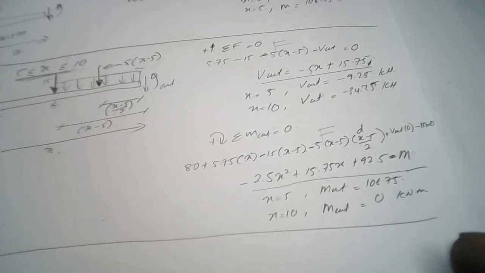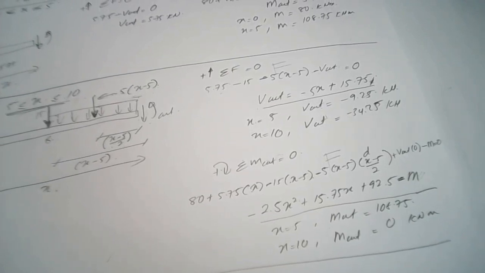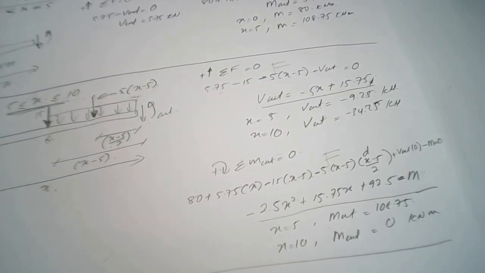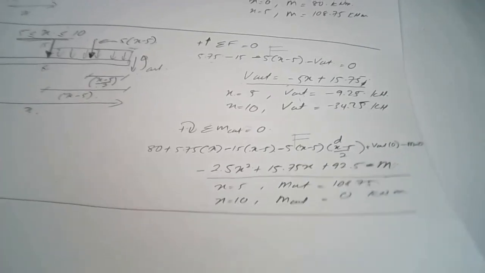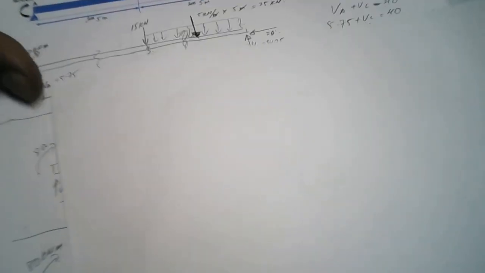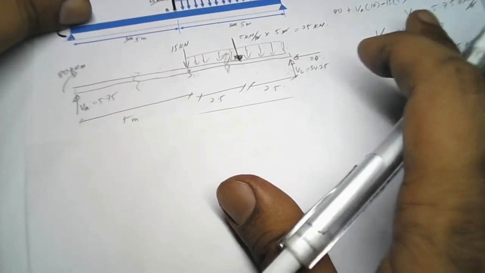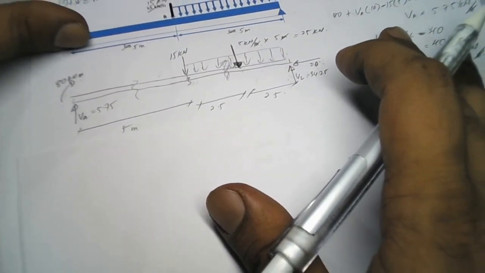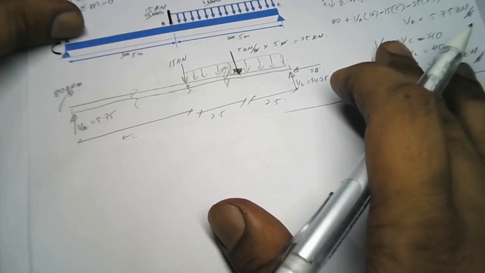Then we are ready to draw our shear diagram and the bending moment diagram. For the shear diagram and bending moment diagram, I'm using a new paper. I refer back to the question or our FBD. It's much easier for us to draw the diagram. Okay, I draw the axis first.